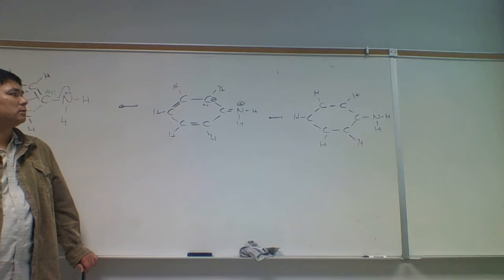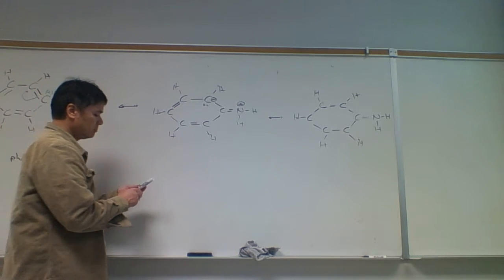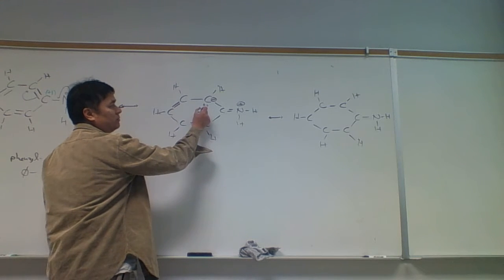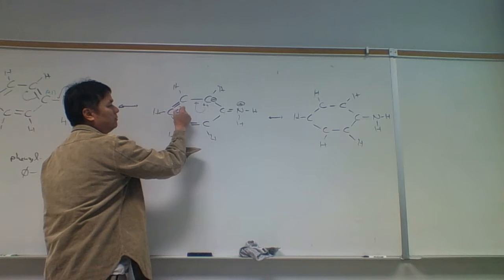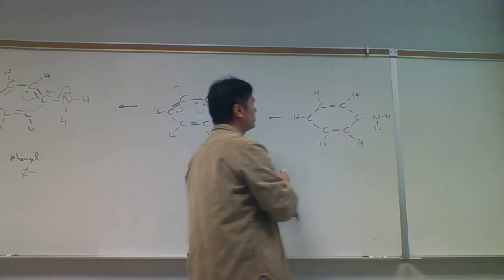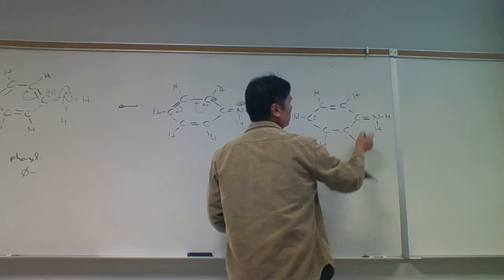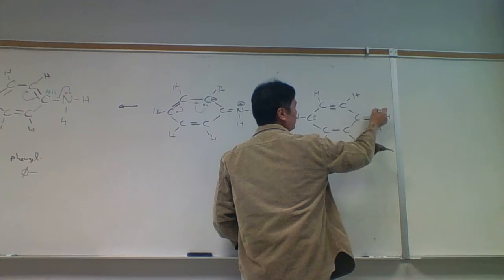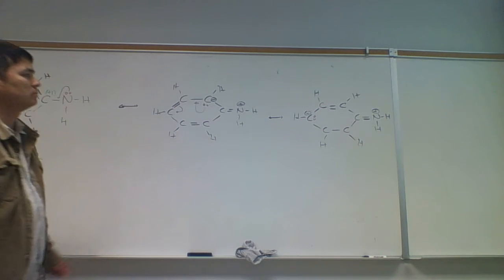Move the double bond one left, rotate them. Yeah, we could rotate the double bonds, but what we do is we convert this sp3 into pi, and then convert this into a lone pair. And so the next resonance form would look like this, where now we have the positive charge over here and the negative charge over here in this position.